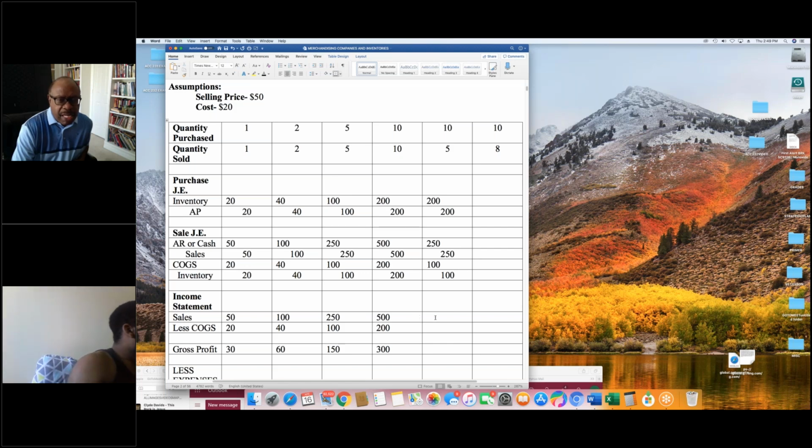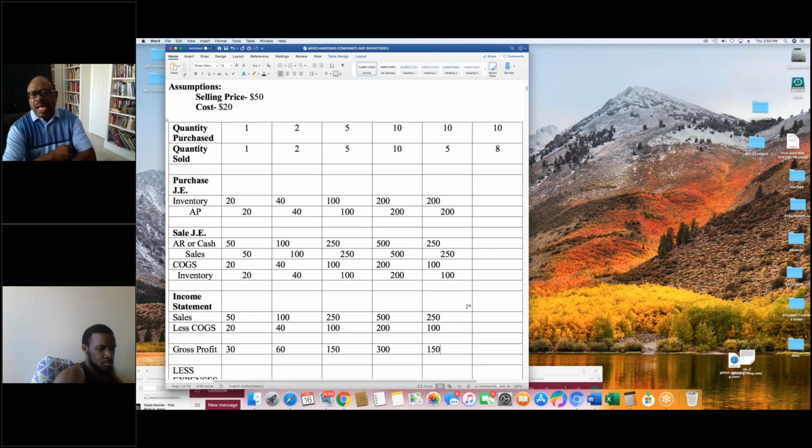And so now, as we look at our gross profit, 250 is the sales, and 100 is the cost. Gross profit is 150. And we have in inventory another 5 pairs of shoes that cost $100.